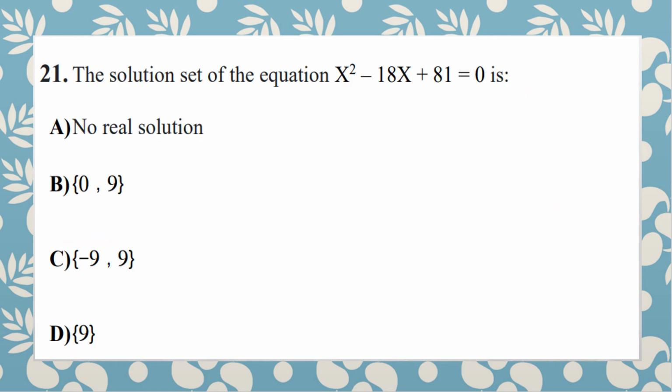Question 21. The solution set of the equation x squared minus 18x plus 81 equals 0. We can solve this using the factoring method.